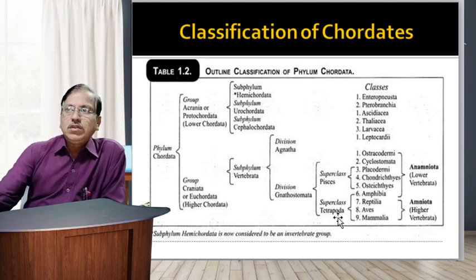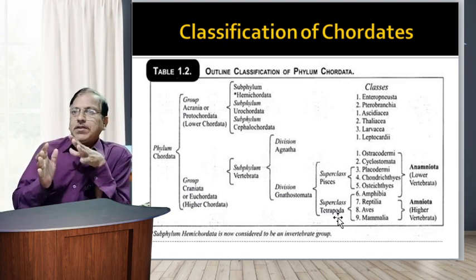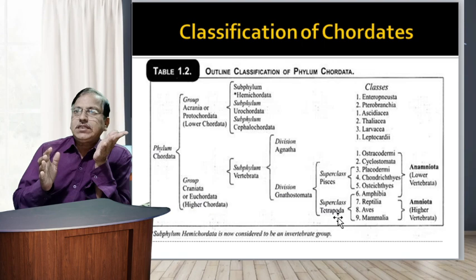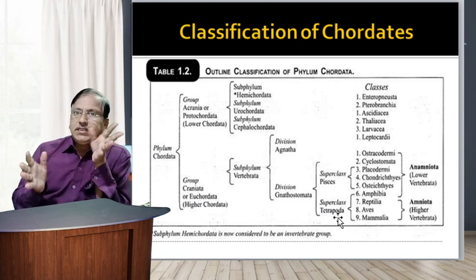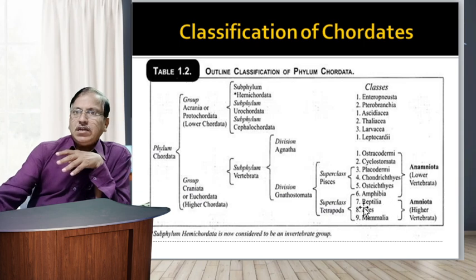Tetra means four, so four legs are present in this group. It mainly includes Amphibia, Reptilia, Aves and Mammalia. In total, the superclass Pisces has five classes, and the superclass Tetrapoda has four classes.